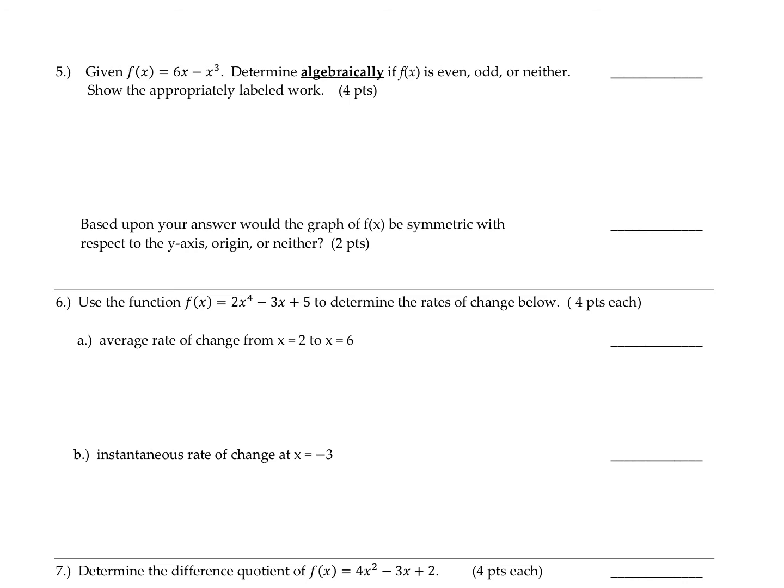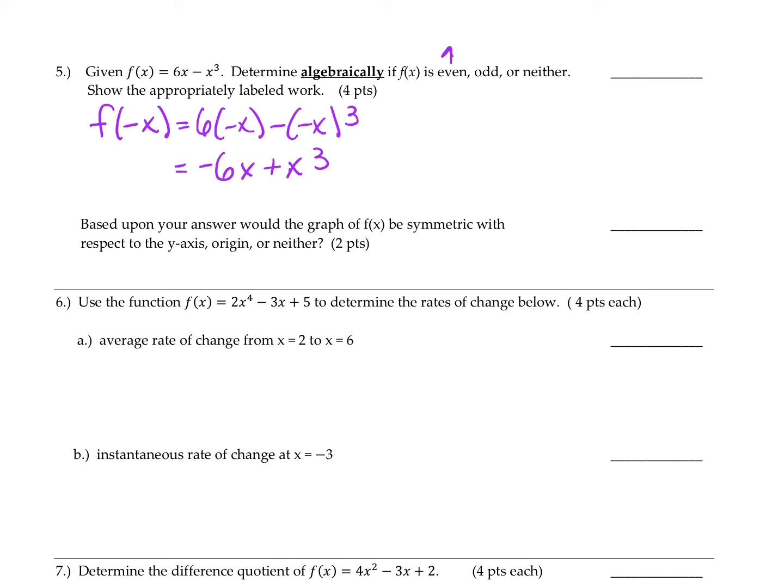Number 5 asks you to algebraically determine if this function was even, odd, or neither. So if I have f of x equals 6x minus x to the third, to determine if something is even or odd, I would put -x in for x. So everywhere where there's an x, I'm going to replace it with a -x and then simplify. So I would get -6x plus x to the third.